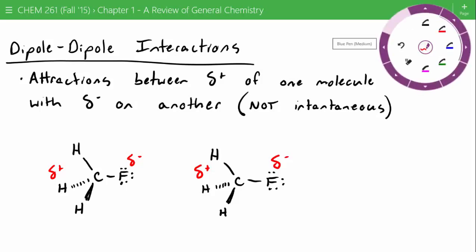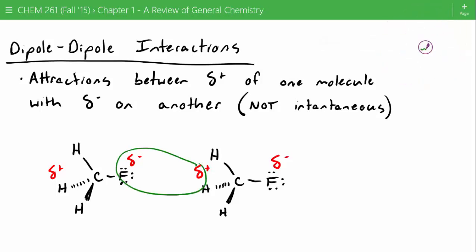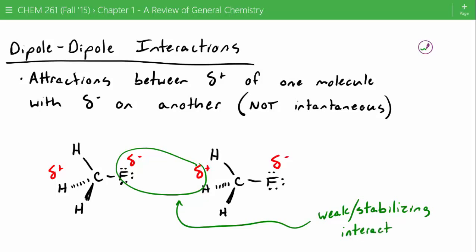What we end up with, again, is a weak interaction, or stabilizing. So in these molecules, the fluorine is always going to have that delta negative. It's not just there for a snapshot in time, and these molecules will actually line up in a row, essentially.